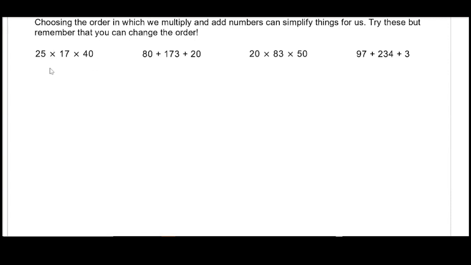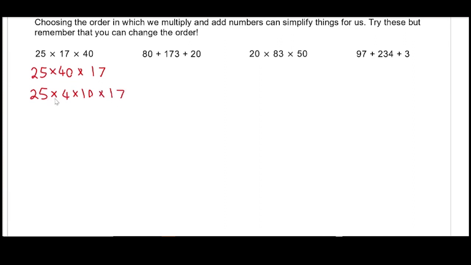Okay, so if we look at this, we're multiplying 25 by 17 by 40. If we choose to multiply the 25 by the 40 first, and then by the 17, this might become a bit simpler. I'm going to think of another way of looking at this. 25 times, I'm going to change the 40 into 4 times 10.